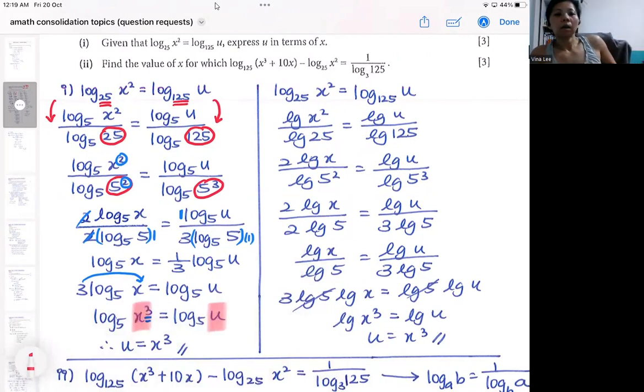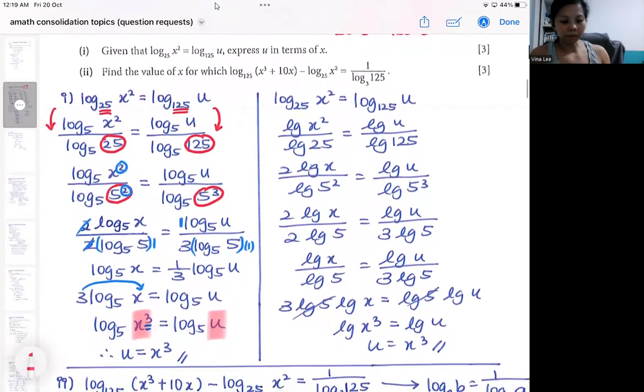Now let's say you fail to realize that 25 and 125 are related by the same base, and you do know that you need to do a change of base no matter what. If you can't think of any base to change to, you can execute a common log, or you can use a natural log also.